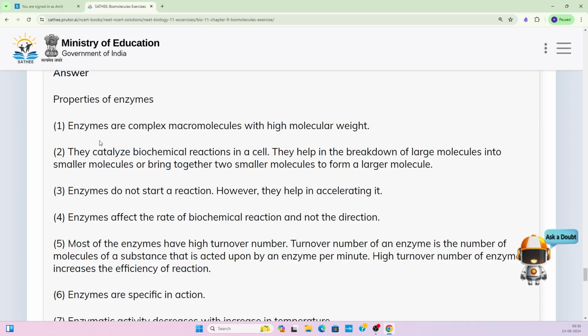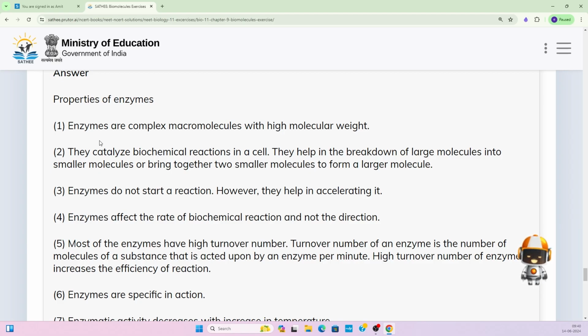So both types of reactions are taking place inside the cells, the catabolic and anabolic reactions. And for every reaction, there is a requirement of certain enzymes, right? So these enzymes are very important to carry out all these types of reactions.